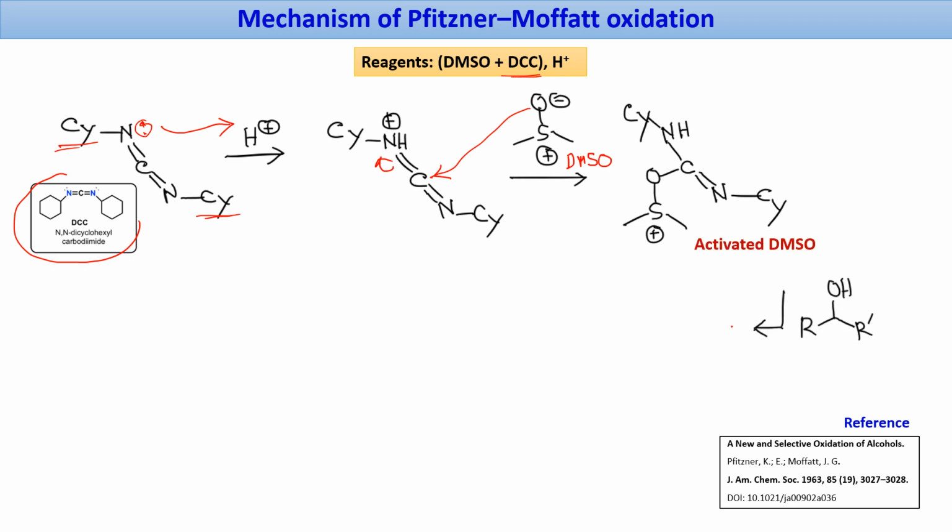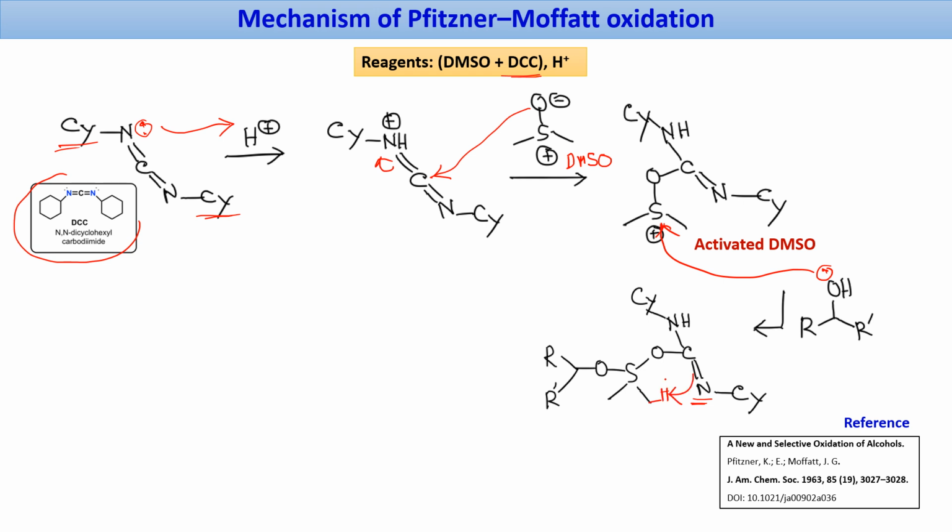Once it is formed, the oxygen's lone pair in our substrate can easily attack the sulfur. So now a sulfur-oxygen bond will be formed. Once this sulfur-oxygen bond is formed, sulfur is now neutral, and this nitrogen, this C=N double bond, can capture this hydrogen.